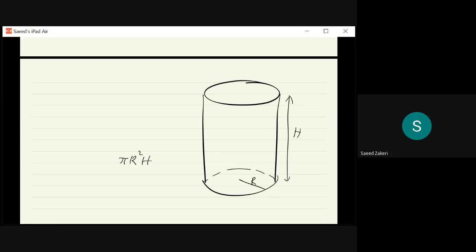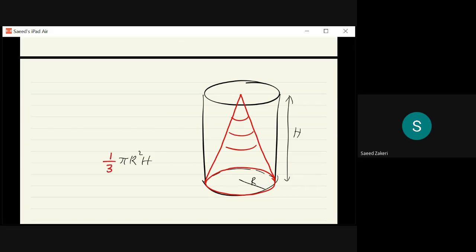What we just derived for the cone shows that if you consider a cone of the same base radius r and the same height, this cone obviously has less volume than the corresponding cylinder. You have to take 1/3 of it.